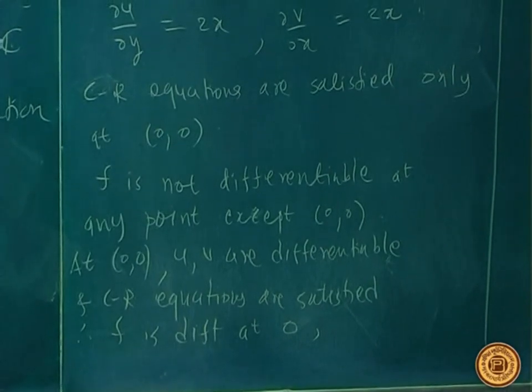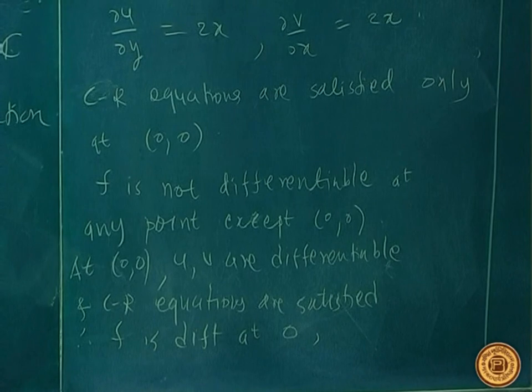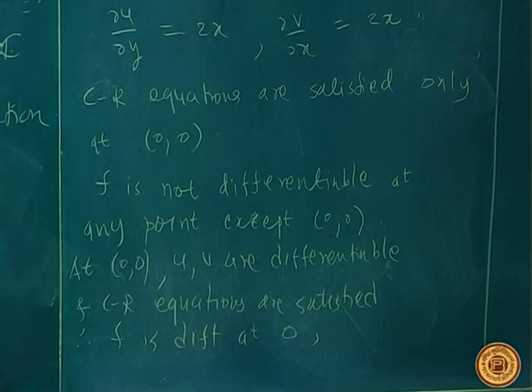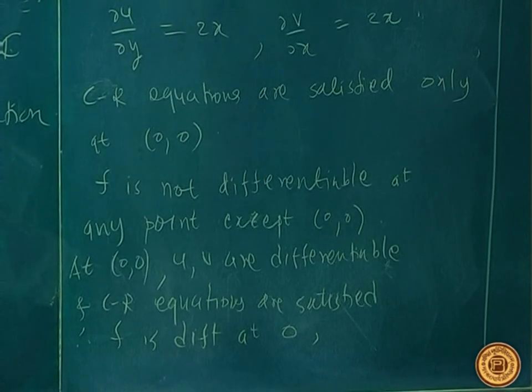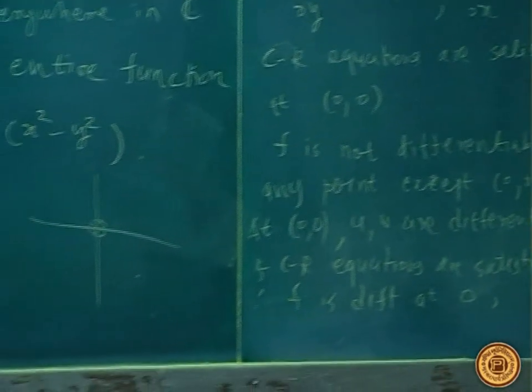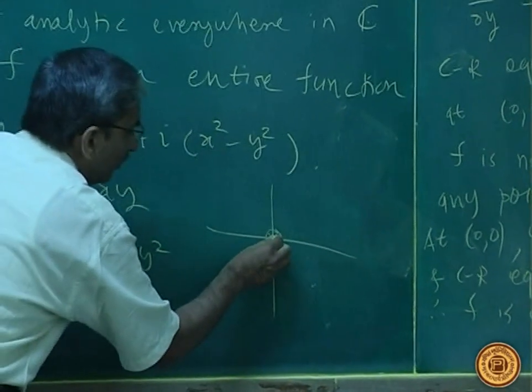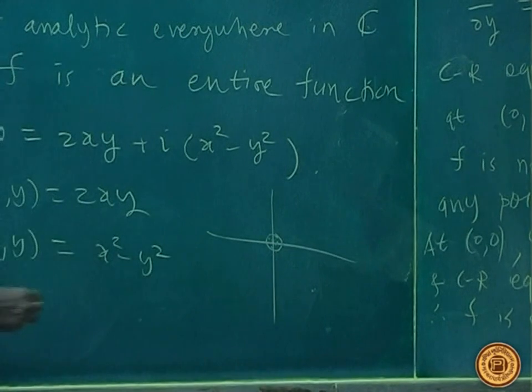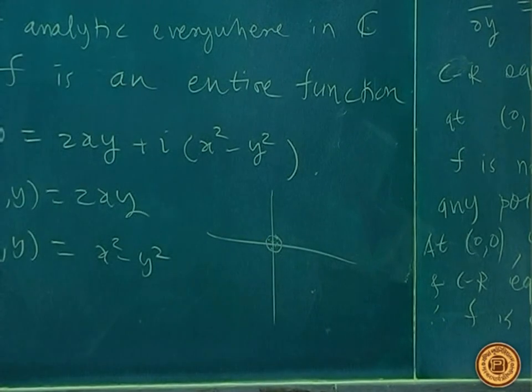So what can you say? It is nowhere analytic. It is differentiable at 0, but it cannot be differentiable at any other point. So you cannot find a neighborhood such that at points of that neighborhood f is differentiable. It is only differentiable here. So can you say that it is analytic at that point? No, because analytic at that point would amount to what?